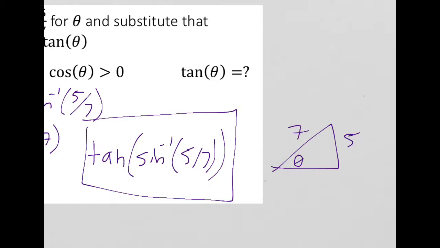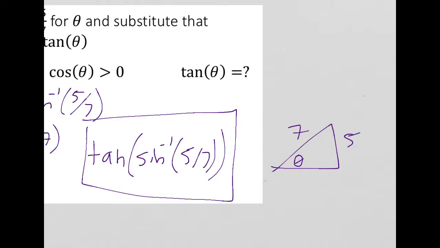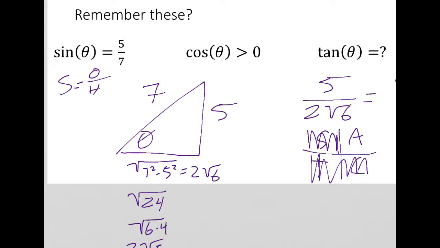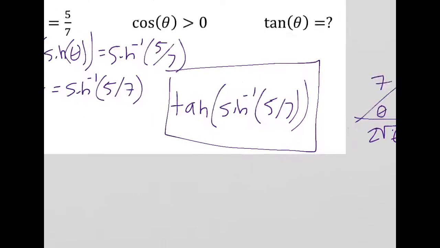Sine is opposite over hypotenuse, so I get my 5 over 7, just like I did over there. And so we know then that we could use the Pythag to get right here this value, which we said was 2 root 6, I believe. Yes, 2 root 6.